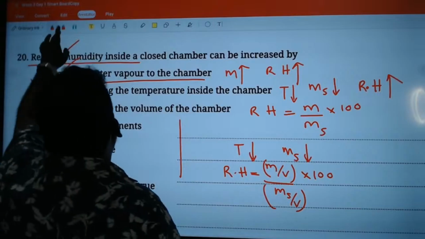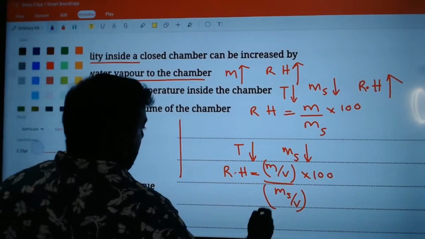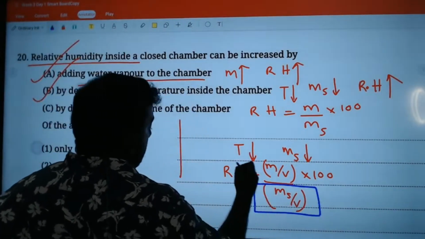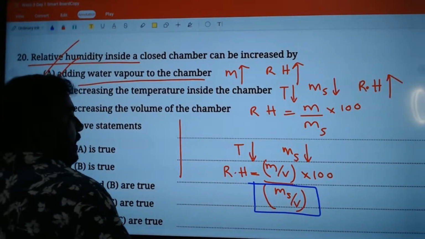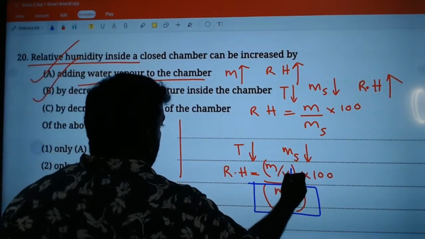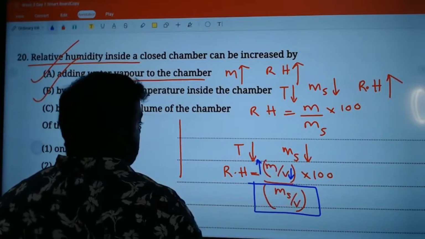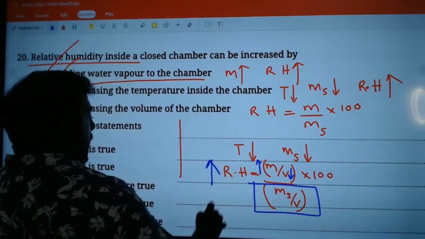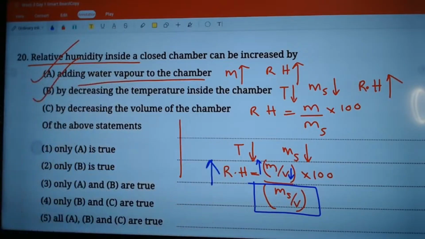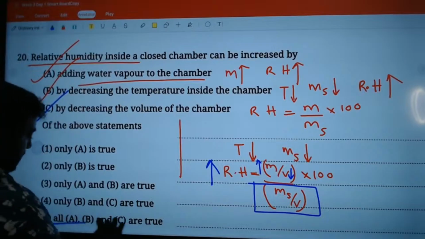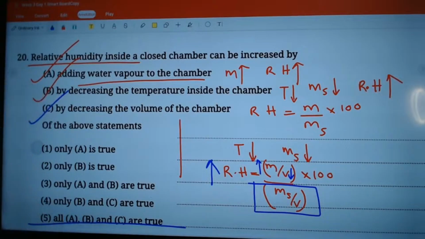At a given temperature, this value is constant. When I reduce the volume, density increases, H increases, RH will also increase. Which means C is correct. A, B, C all are true.